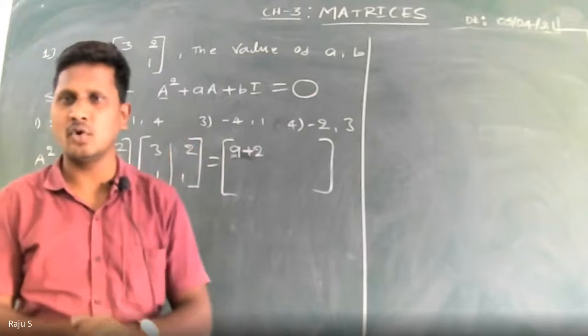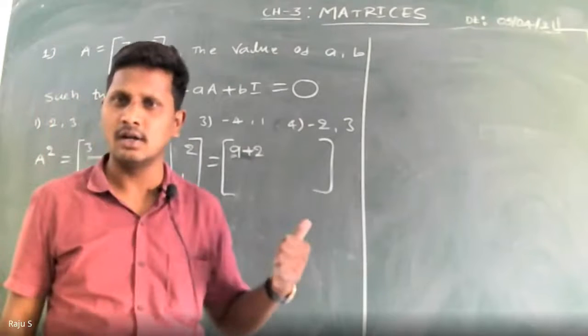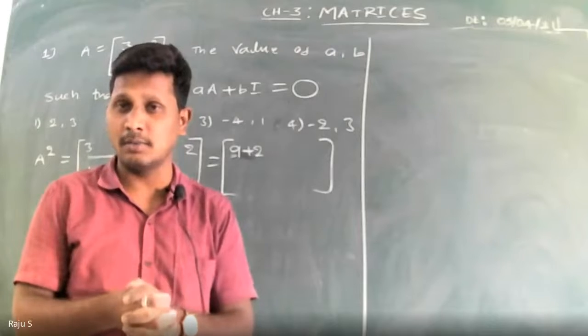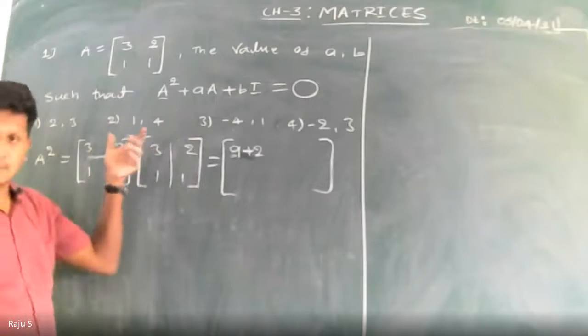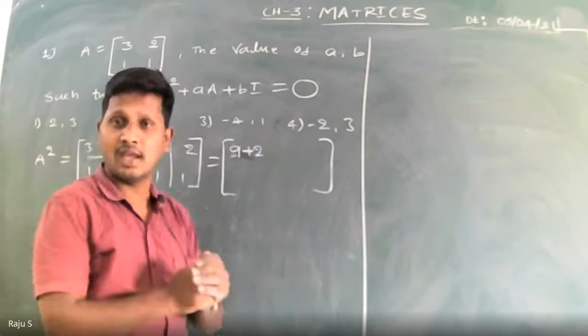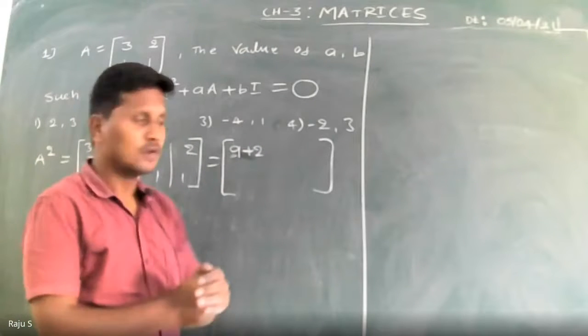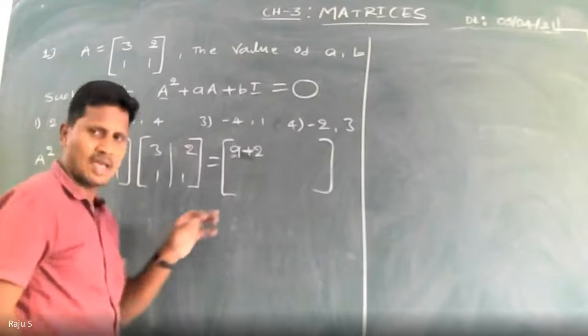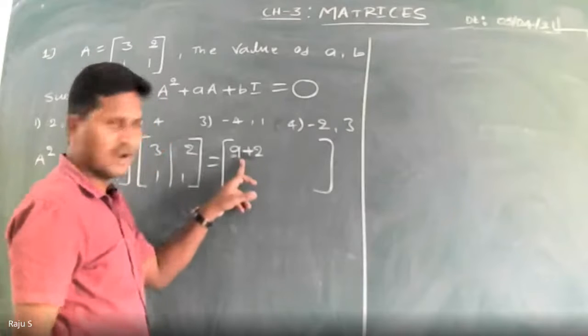See, first I'm going to explain the shortcut method, how to find the a comma b and how to check a comma b. Already they have given 4 options for the a comma b value. With the trial and error method, verifying all 4 values is a time wasting process. So just find the first value.